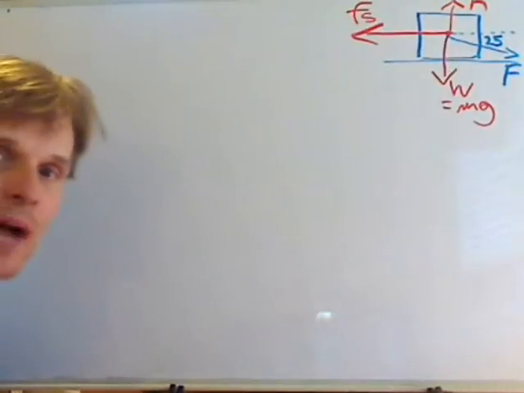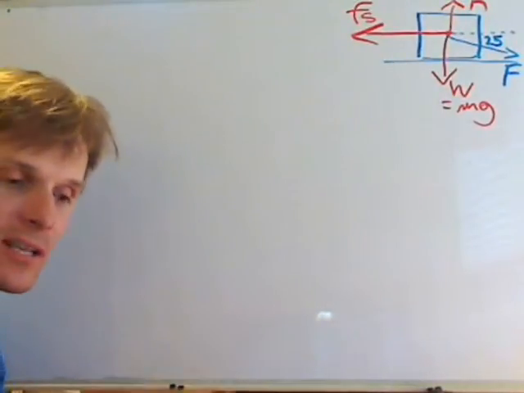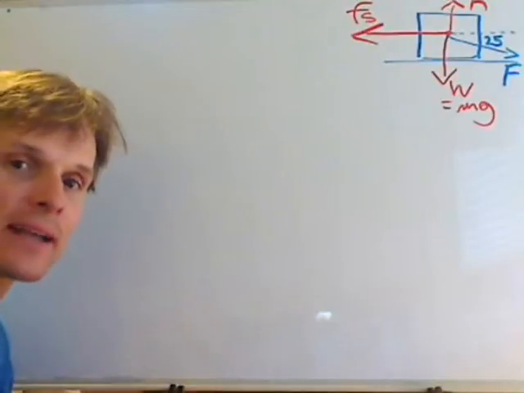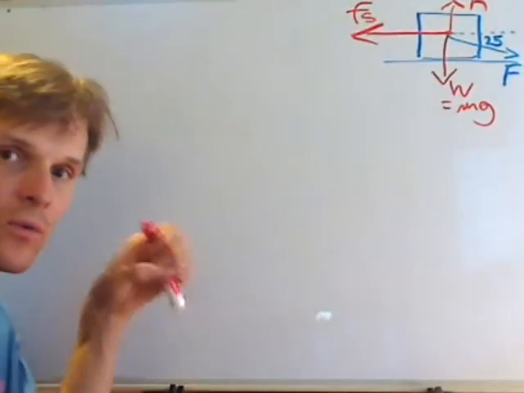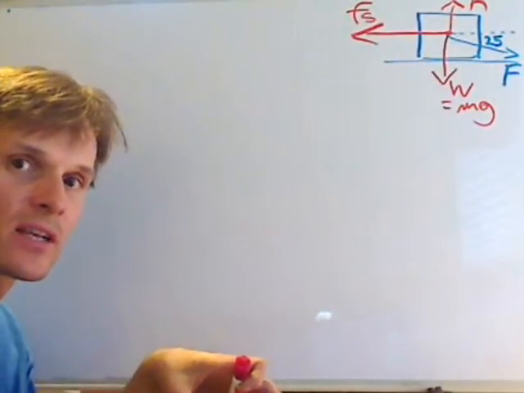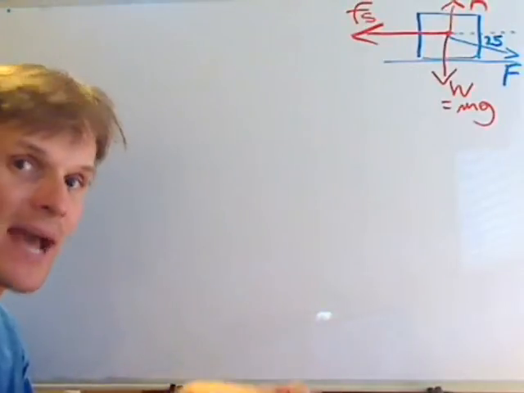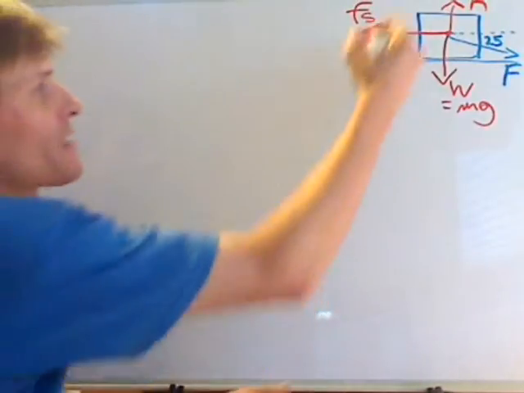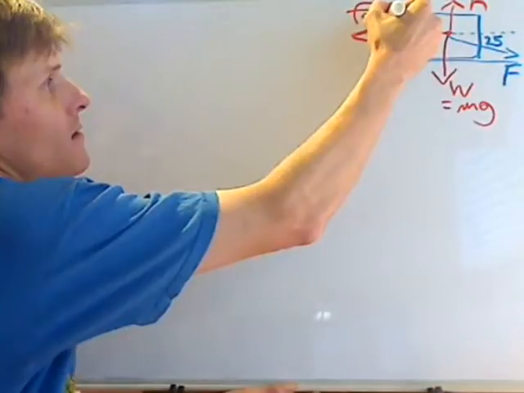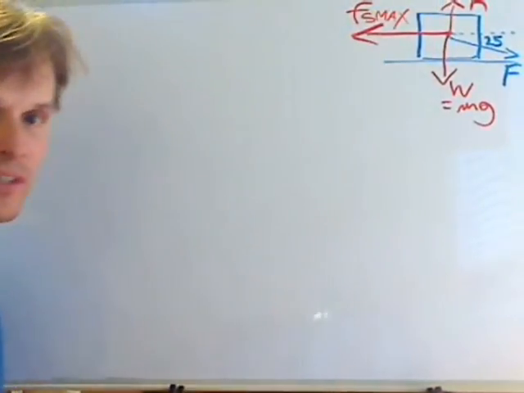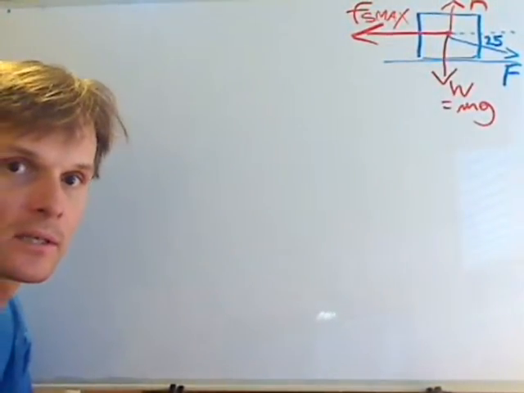And in this particular problem, we're asked, how hard does the guy have to push to make it finally move? So when the block finally moves, the static friction force is at its maximum. So this is actually the maximum force of static friction. Okay?